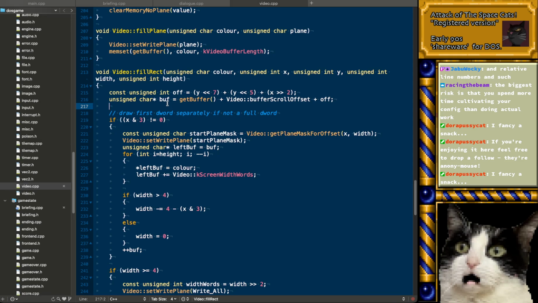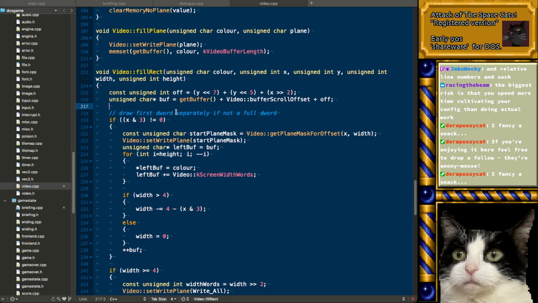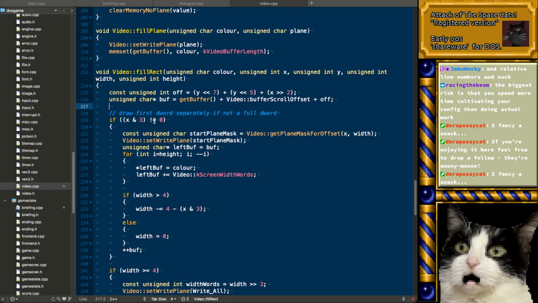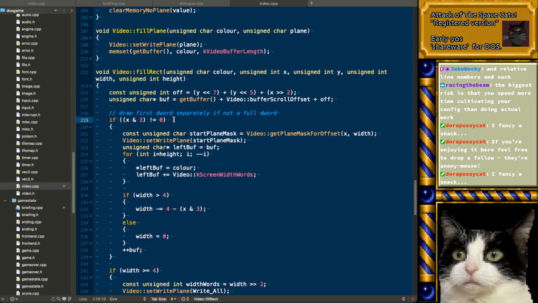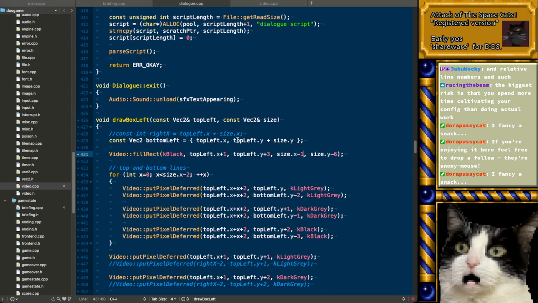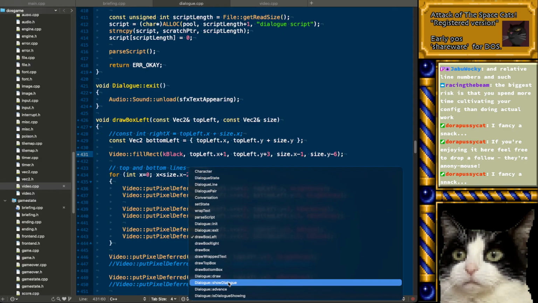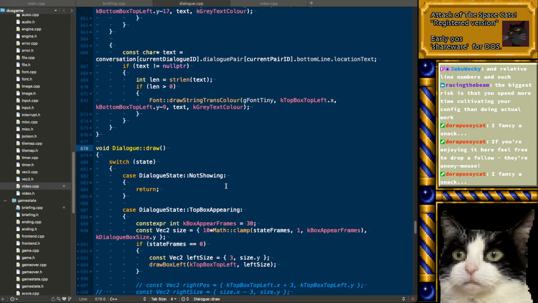So, yeah, if X mask for offset X width. Is that going to happen? I think it probably is. Let's find out. We know what the X is because it's top left. We pass it in. Draw.